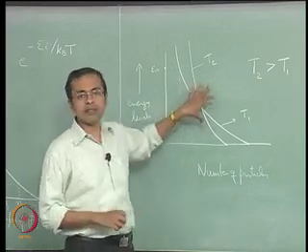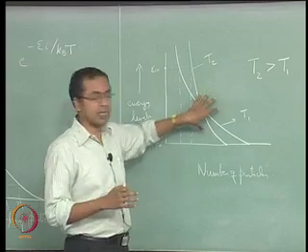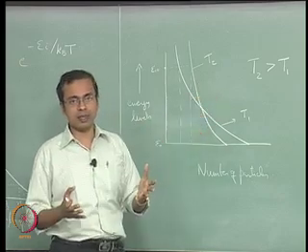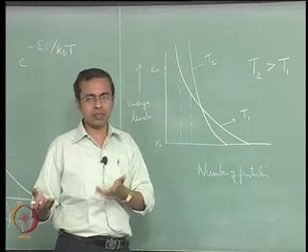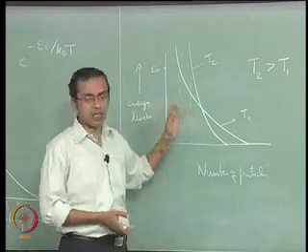This information is in fact directly related to the specific heat of the system, because that is also capturing the same information, except it is giving it to you in some specific units. Here we have put it down in a graph.